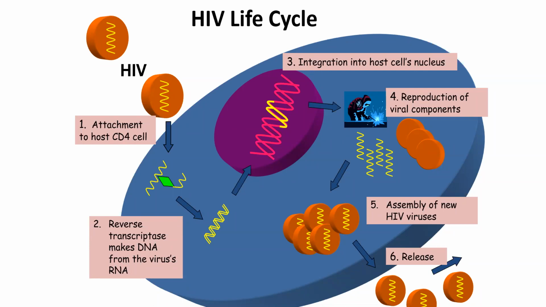And then when the big CD4 cell is multiplying, it's also multiplying the viral components. But most of these viral components are polyproteins, very big. The other enzyme, protease, will then chop those bigger components into smaller proteins, which then assemble and form new viruses, which are released during budding.